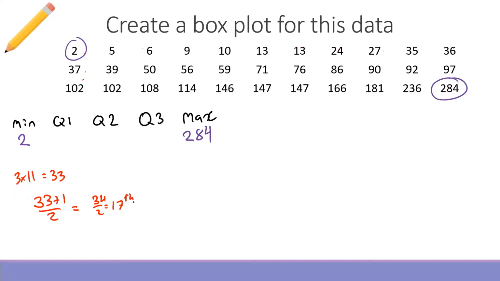We're looking for the 17th number. So let's do that. 1, 2, 3, 4, 5, 6, 7, 8, 9, 10, 11, 12, 13, 14, 15, 16, 17. So that becomes our median.